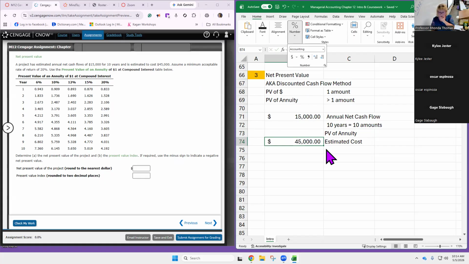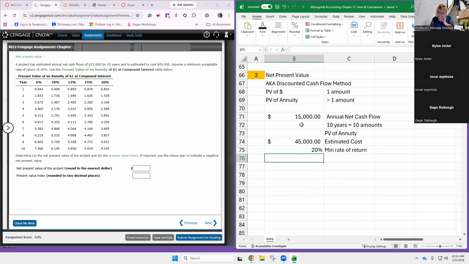And then we have a minimal rate of return of 20%. I'm going to put this in as a percentage here. So now we're going to do the math here. We'll set it up. There we go, 20%.